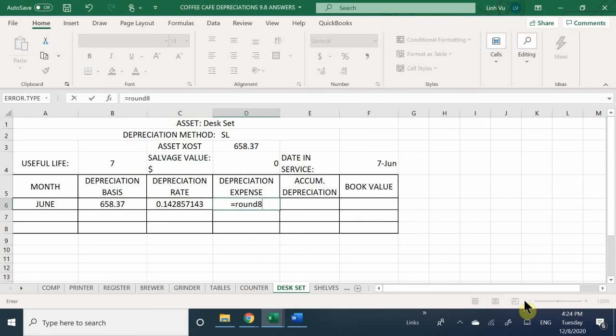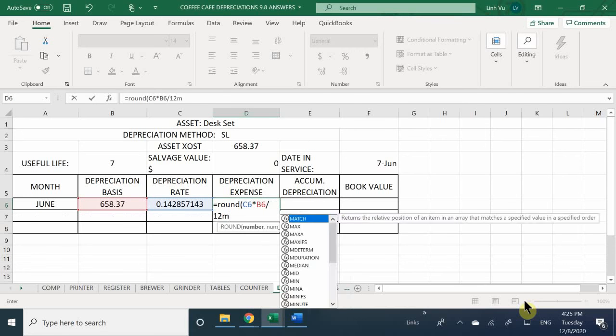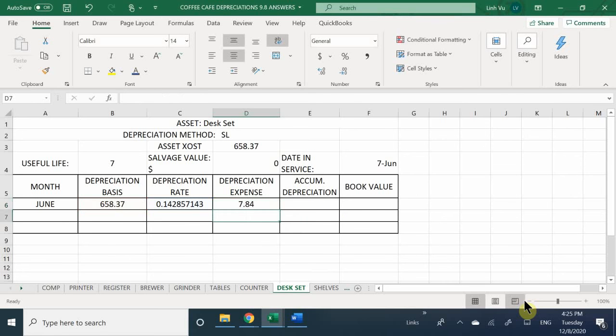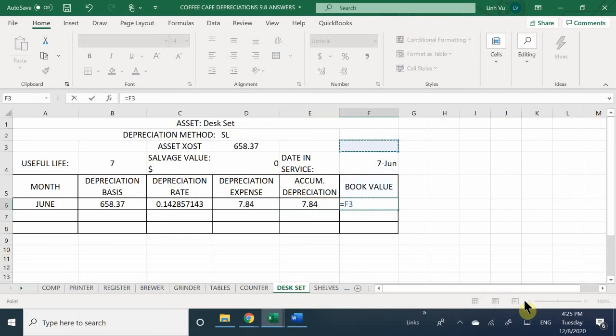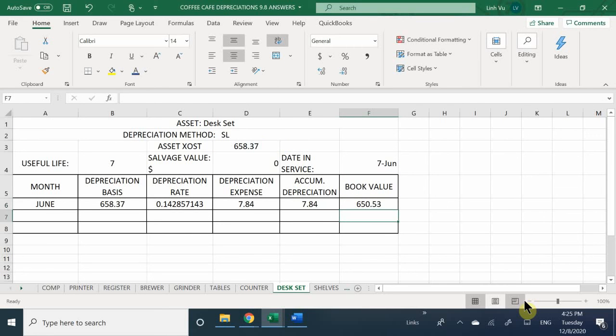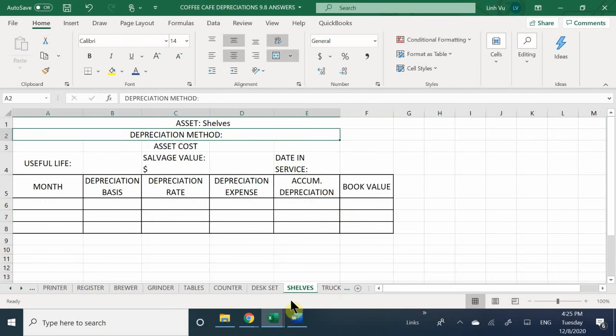Depreciation expense is $7.84, making my book value, this minus this, bringing the book value to $650.53. Good.